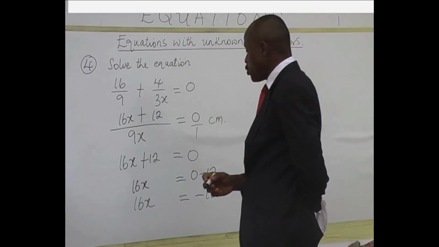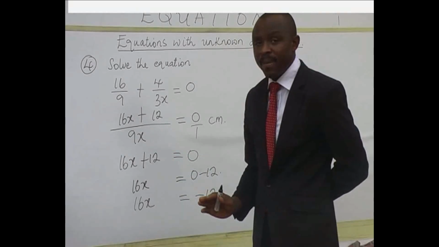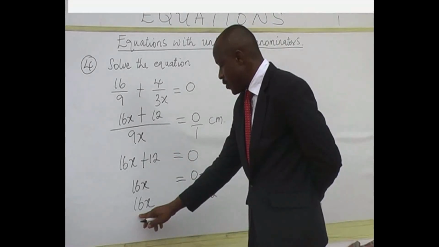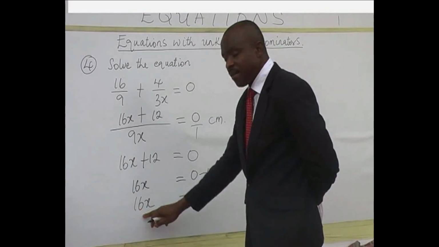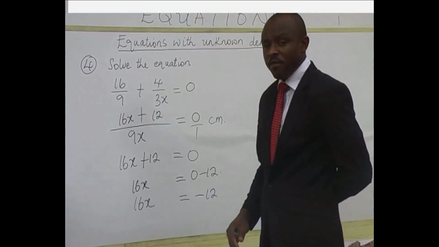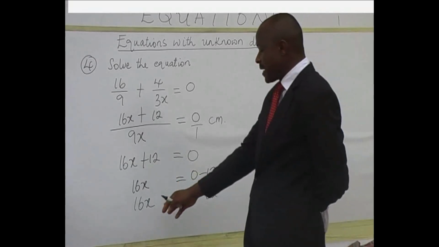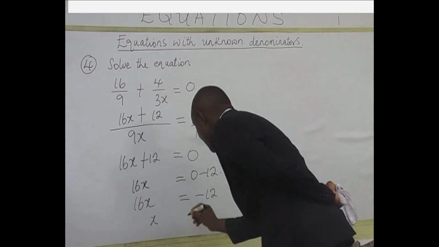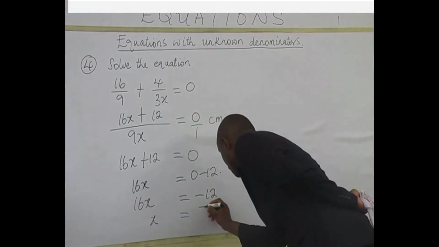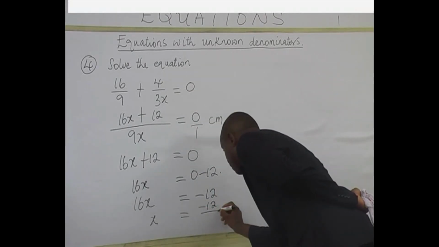Now, you are going to divide both sides of the equation by 16 so as to eliminate 16 as the coefficient of x in the left hand side. When you do that, you'll be left with only x, and it's going to be equal to minus 12 divided by 16.